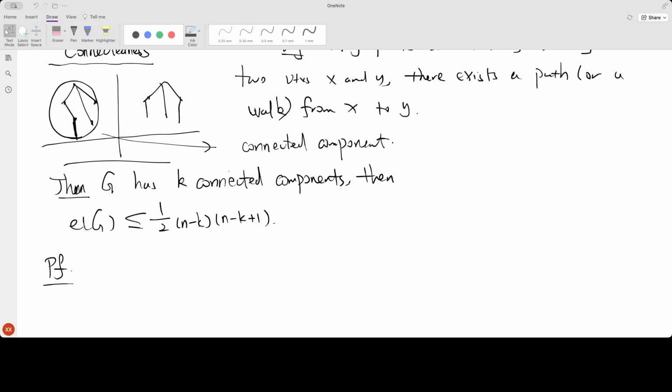In particular, if you have two connected components, your graph has to split into two parts. And if you have too many edges, you cannot do this. Okay?